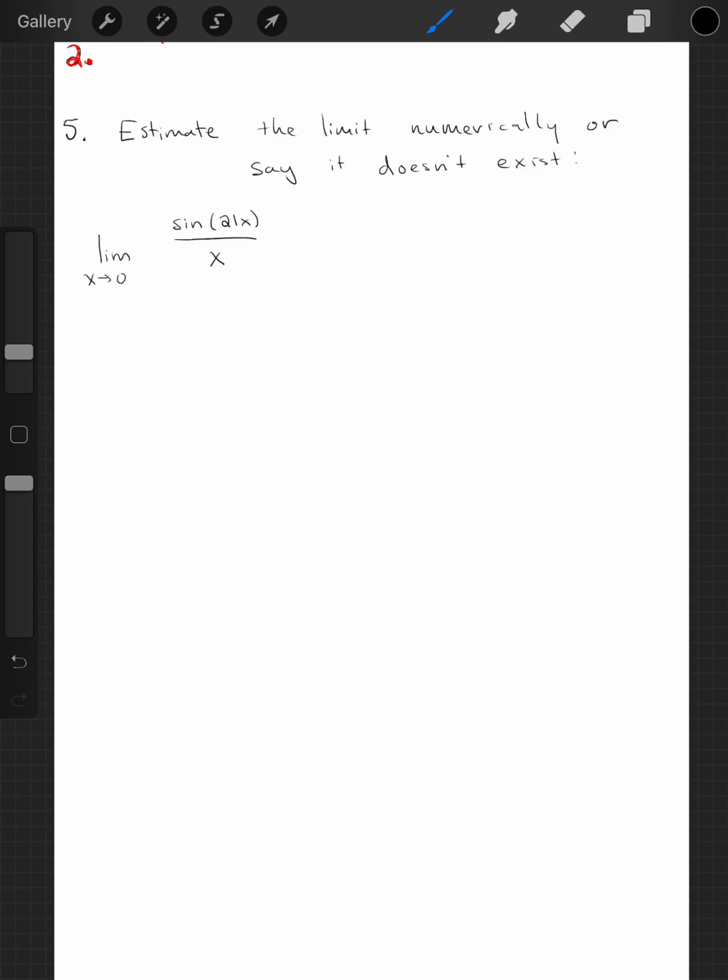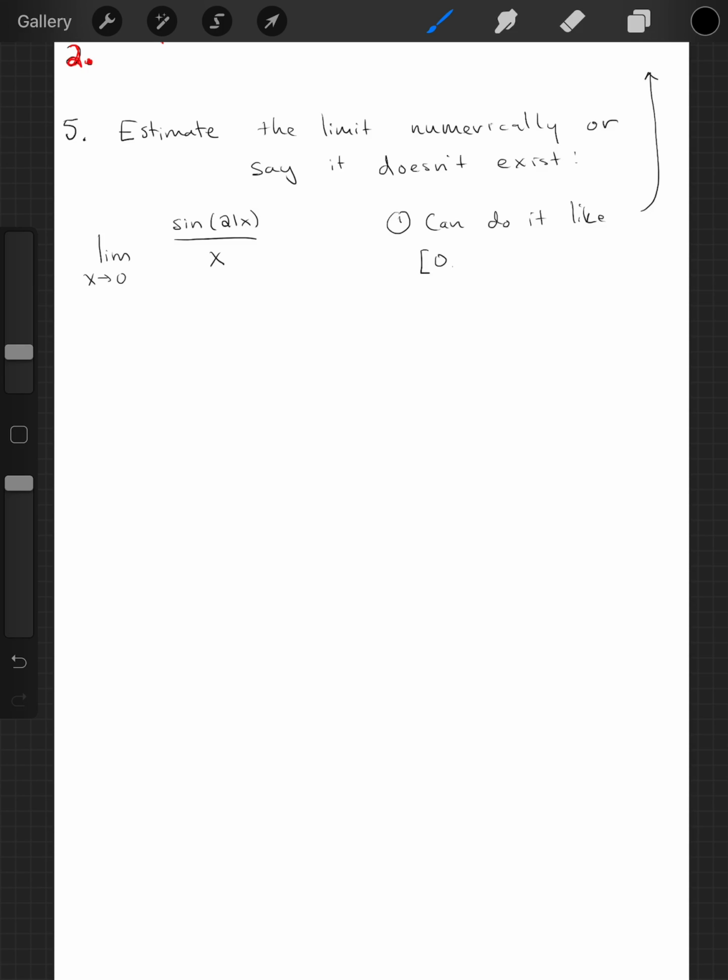Right? So estimate the limit numerically. You have the option, you can do it just like that. You'll have to pick your own numbers, right?